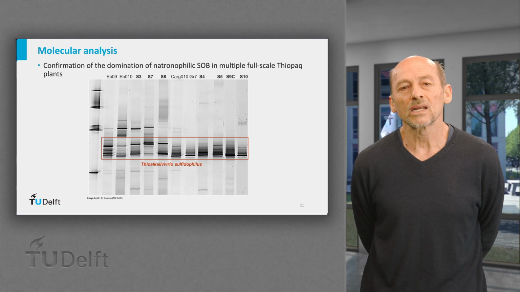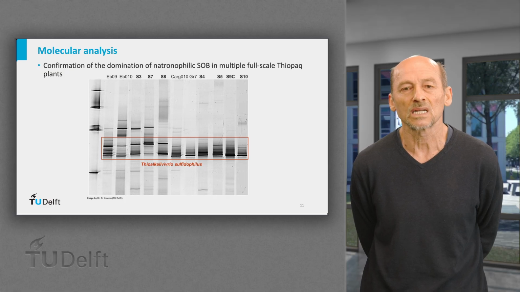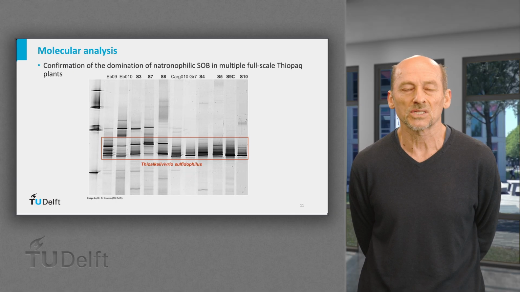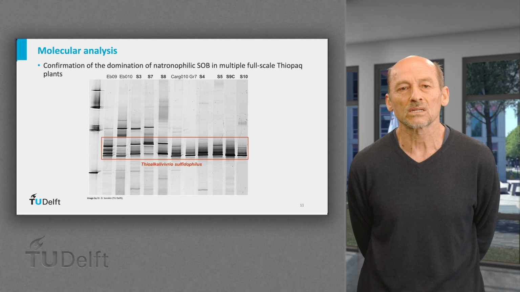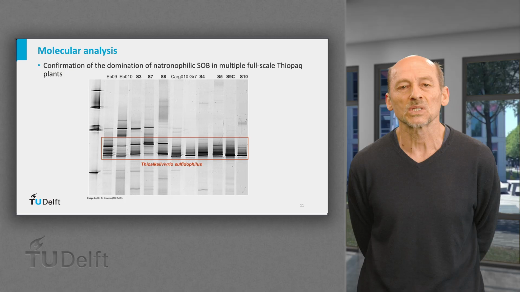Further molecular profiling was performed on the microbial biomasses obtained from 11 full-scale desulfurization THIOPAQ installations in the Netherlands and Germany, treating mostly biogas produced from anaerobic digestion of waste streams from paper and starch factories. The analysis clearly demonstrated that it was dominated by sulfur-oxidizing bacteria closely related or identical to haloalkaliphilic Thioalkalivibrio sulfidophilus.